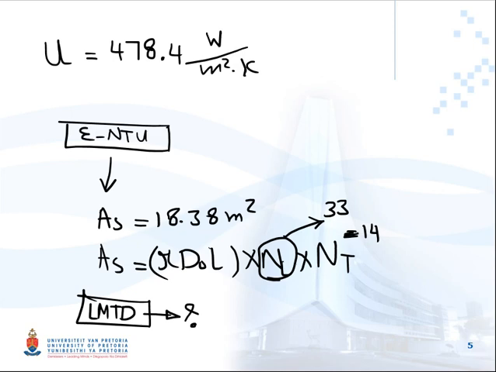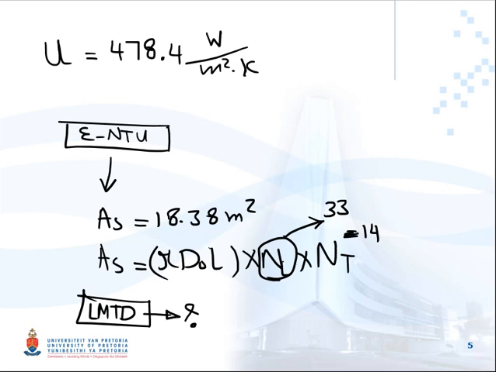In that case, even if you are not comfortable with epsilon-NTU, you need to use it, because otherwise you can't get any answer from the LMTD method. But in this case we know that we have all the temperatures, so let's try the LMTD method and see if both LMTD and epsilon-NTU give us the same final values.